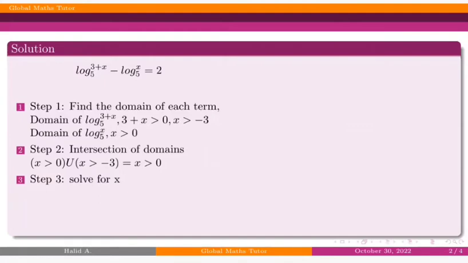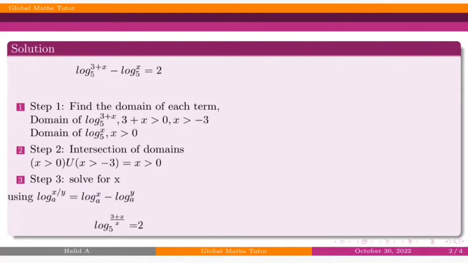Step 3 is solving for x using some logarithmic laws. We know that logarithm of x over y to the base a is equal to logarithm of x to the base a minus logarithm of y to the base a.